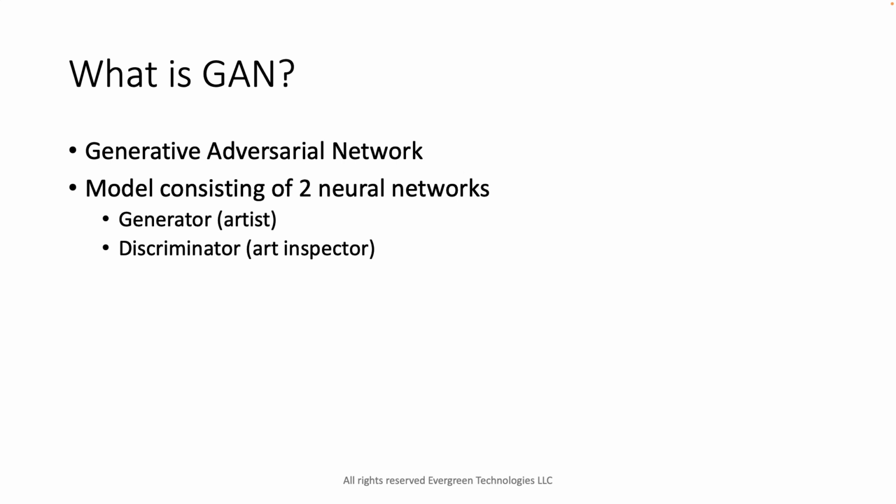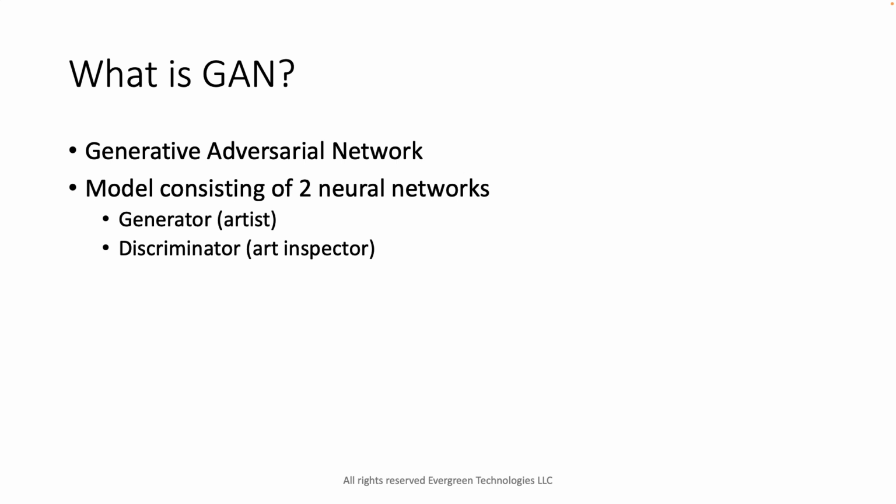And the discriminator is like an art inspector, which takes the painting generated by the generator and tries to differentiate whether it's a real image or a fake image. Okay, so the discriminator is nothing but a simple image classifier to indicate whether it's a real image or a fake image, and the generator is a network that generates the fake images.